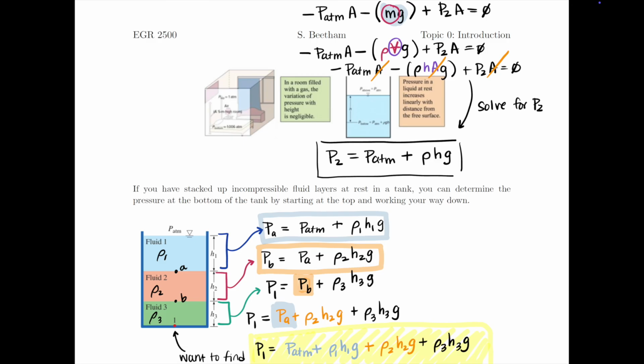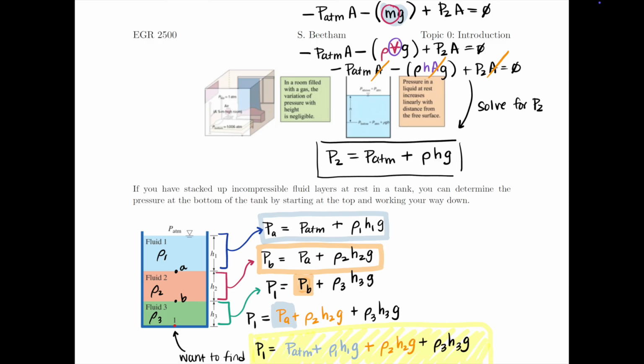Okay, so how can I write my volume of this? And I'm going to make a little note here. This is H, this is our column of the fluid height, right? So how would I write the volume for that cylinder? Yeah, just area times height.